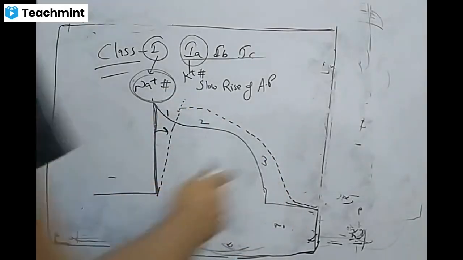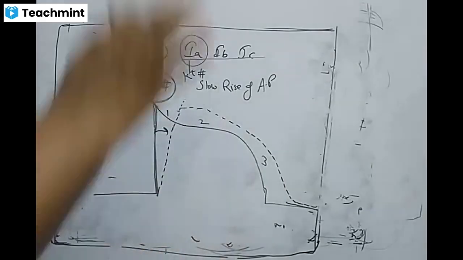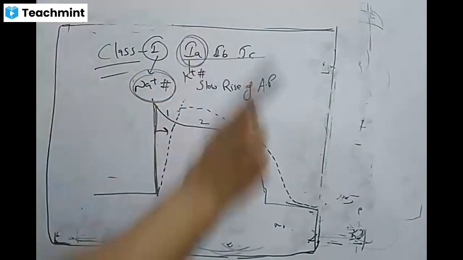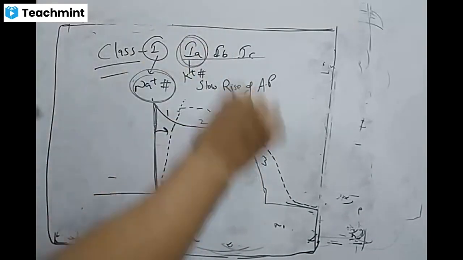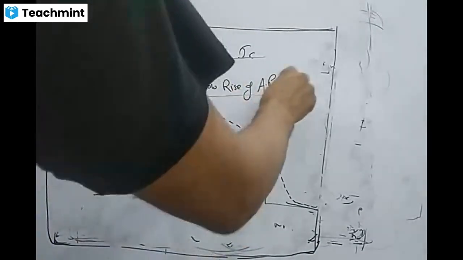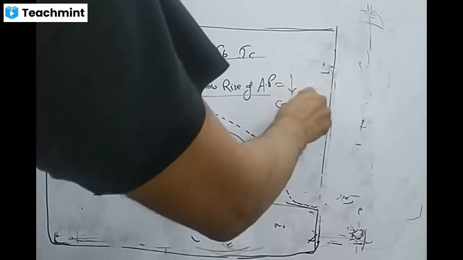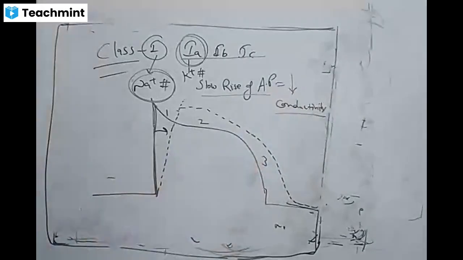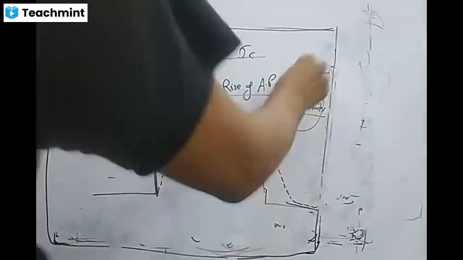So what is the result of using these class 1A drugs? The result will be a slow rise of action potential, meaning a decrease in conductivity, which we want in arrhythmias. We want to decrease the conduction.